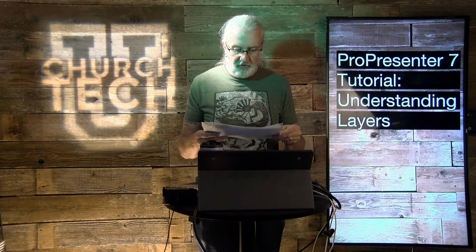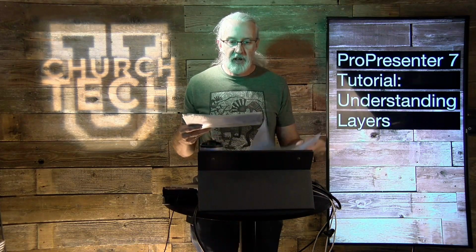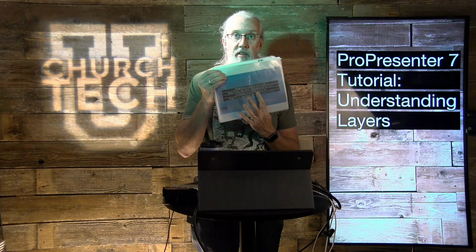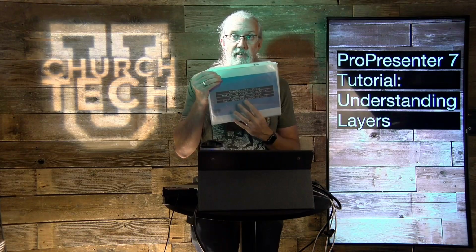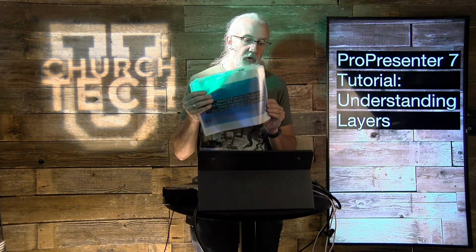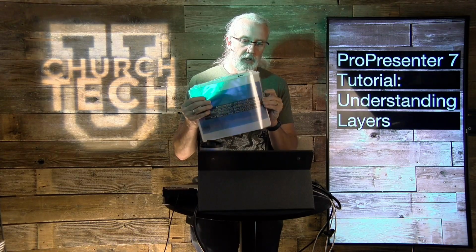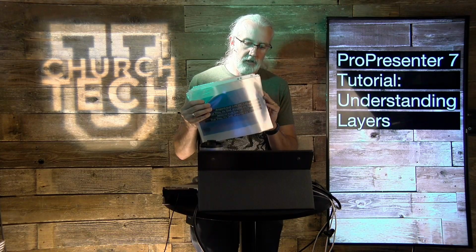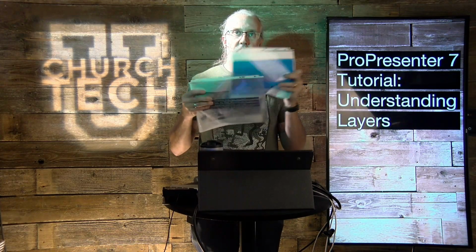If I want to remove the messages layer, I can do that. And look, I still have the props layer and the slides layer right there with the background. Oh, I want to get rid of the background? No problem. I can just find that layer right there and remove it.